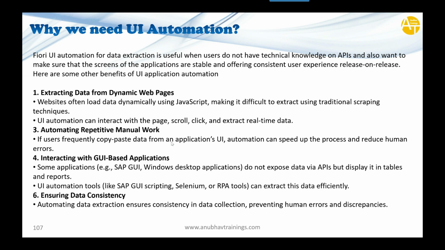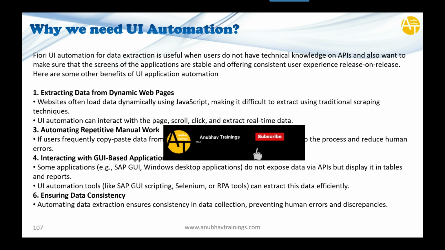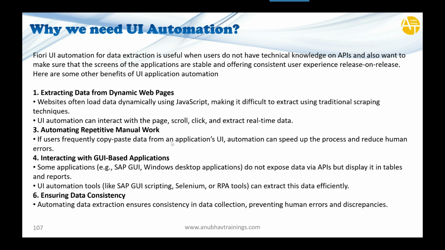Here are some of the key benefits of UI automation. First is extracting data from dynamic web pages. Often websites load data dynamically using JavaScript, which makes it difficult to extract this data with scraping techniques, like scanning the network calls going from an app, or some other technical approach.